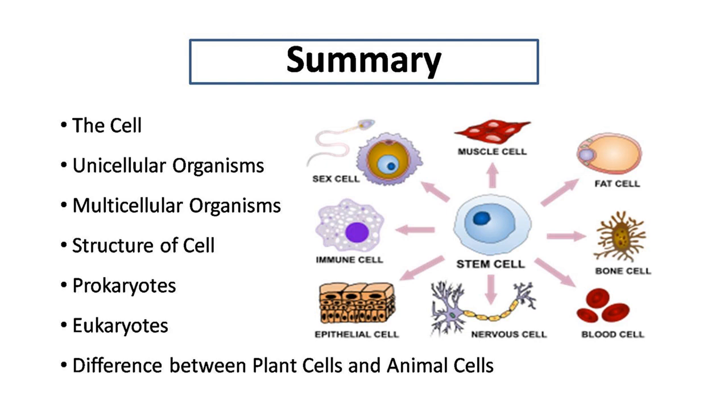Then we saw the different types of cells present in different types of organisms. The simple ones are called the prokaryotes and the complex ones are the eukaryotes. Then we saw the differences between plant cells and animal cells. With this we wind up our chapter.